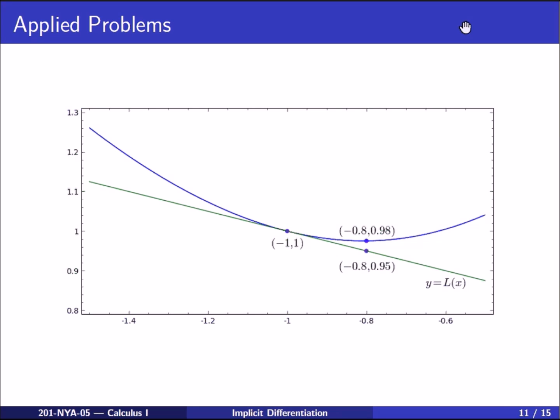In green, it's still the tangent line, or the graph of the local linearization. You see that (minus 0.8, 0.95) is a point on the green line, so on the local linearization curve, and it is very close to the exact point (minus 0.8, 0.98) on the implicit curve. So we're making an error of 0.03 with our approximation, but it's a fairly good approximation, again, because the local linearization, or the tangent line, is a fair approximation of the curve at the point where it was computed.